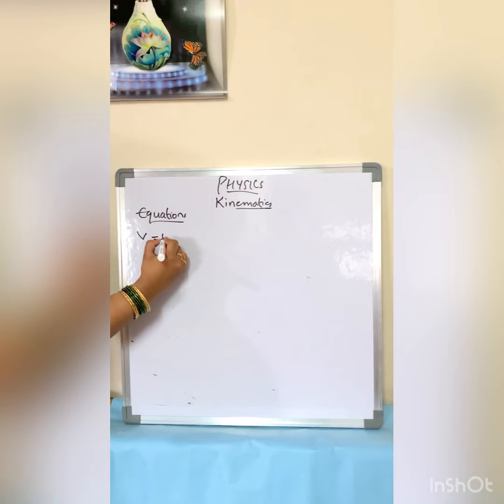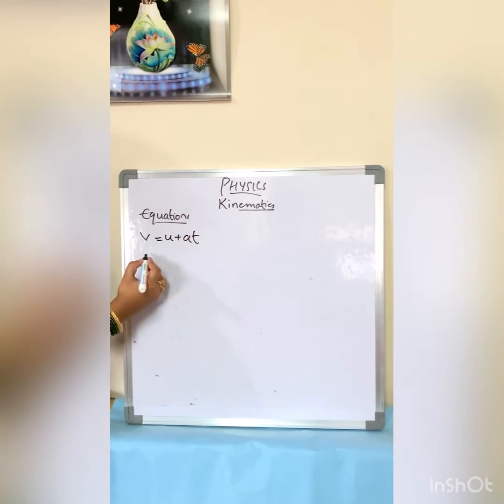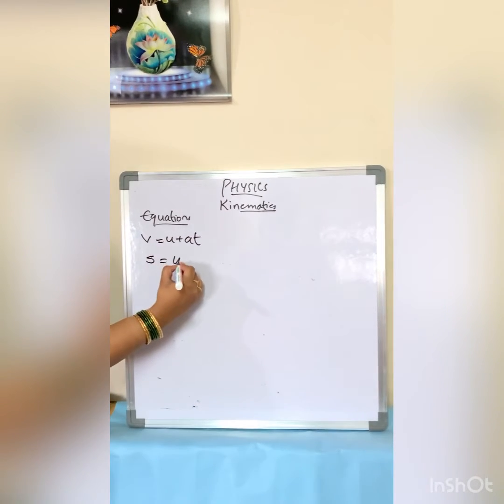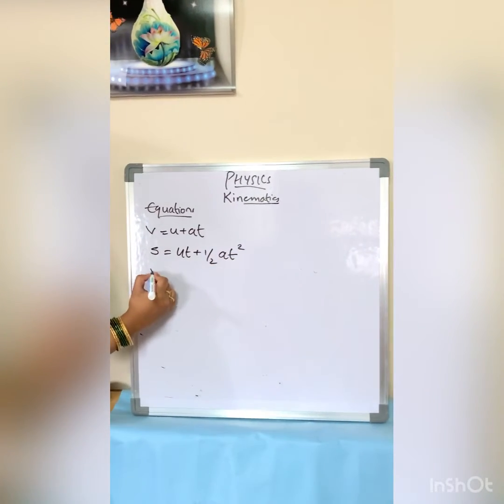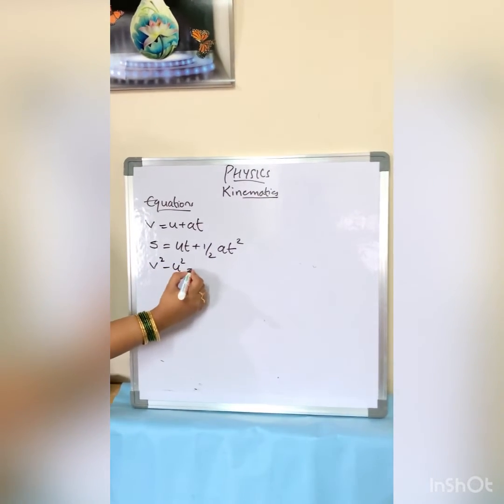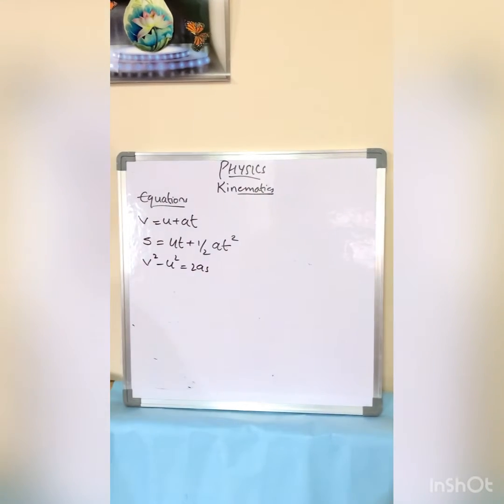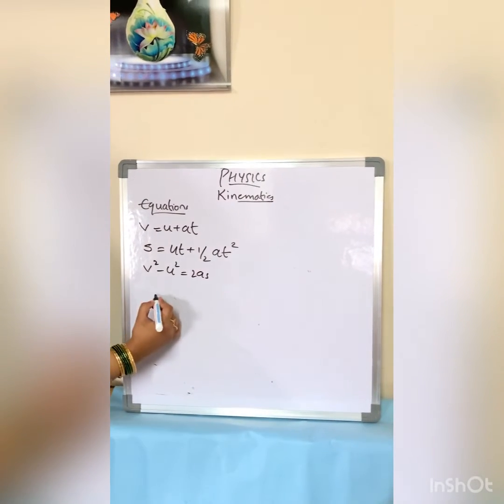So V is equal to U plus AT, S is equal to UT plus half AT square, V square minus U square is equal to 2AS. So what is U?